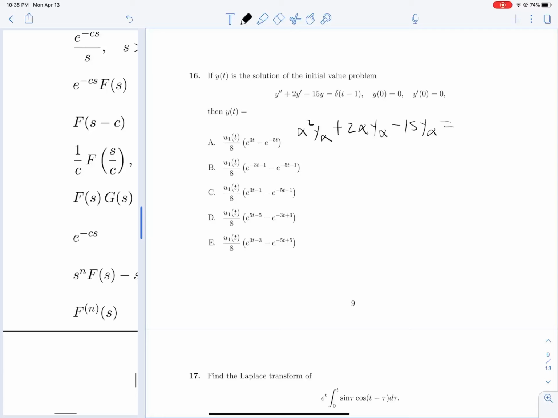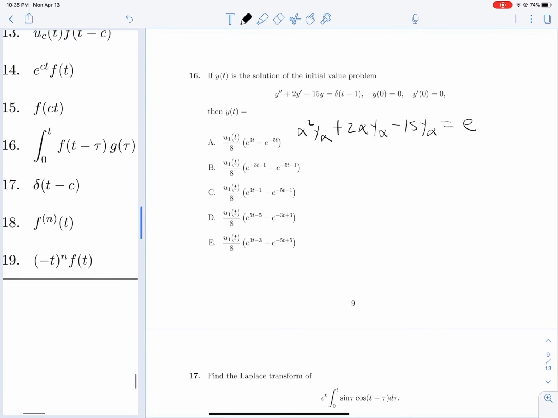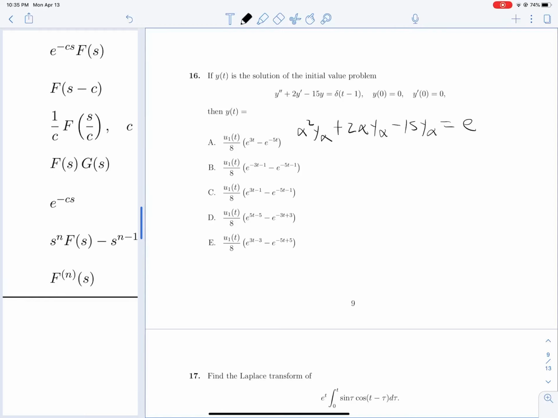So that will become e to the negative alpha, like that. Let's factor out a y alpha times the quantity alpha squared plus 2 alpha minus 15, equals e to the negative alpha.